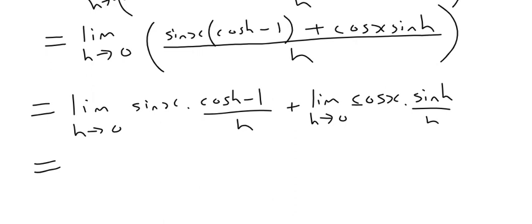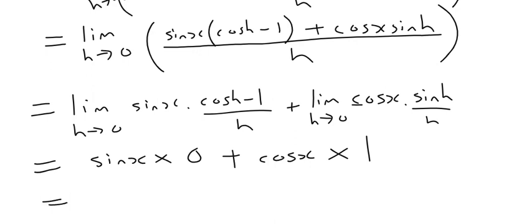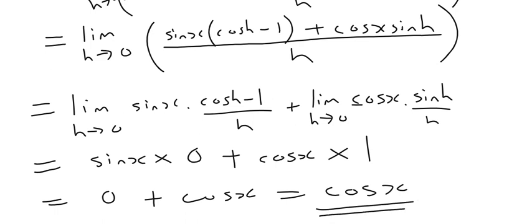So on our next line we're going to get sine x times 0 plus cos x times 1. This gives us 0 plus cos x, so our final answer is cos x.